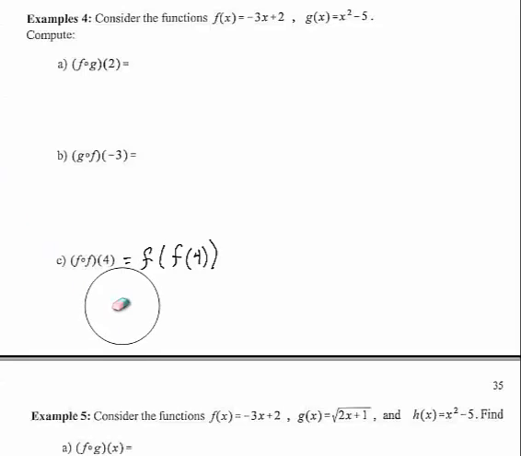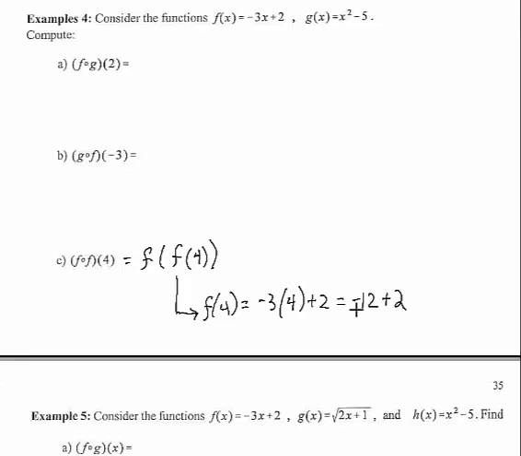So I'll go down here and I will first compute f of 4. F is -3 times x, so I write -3 times 4 instead, and I add 2. -3 times 4 is -12. If I add 2, I will get -10.